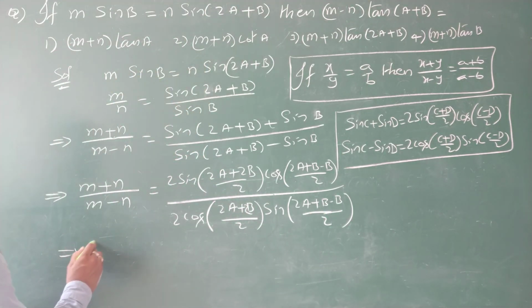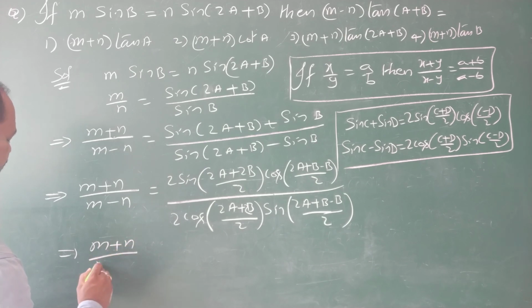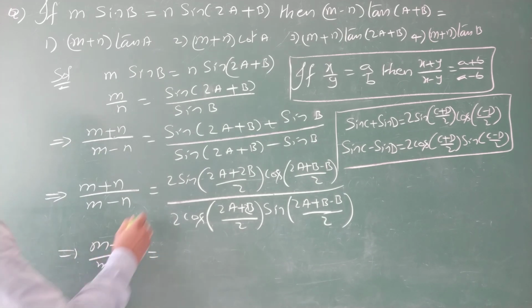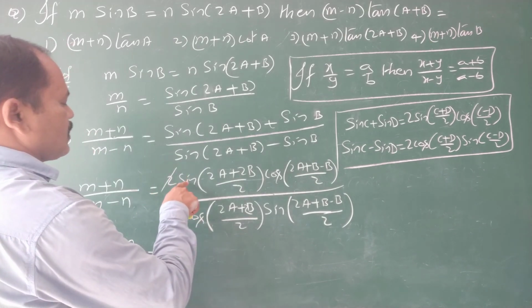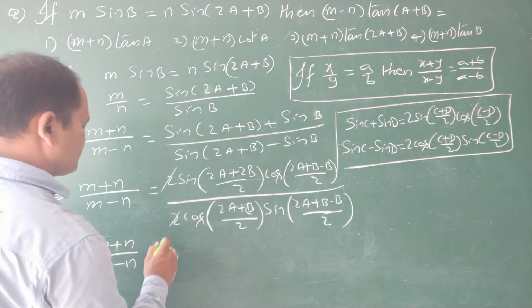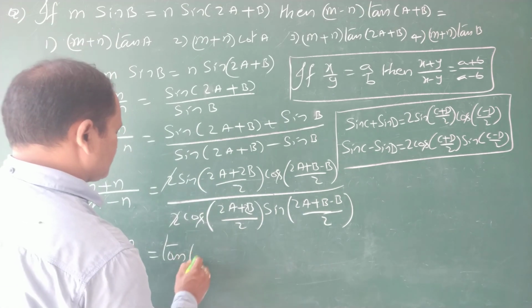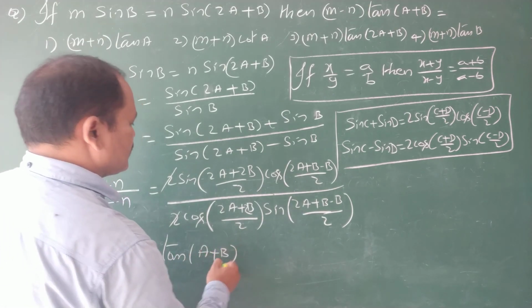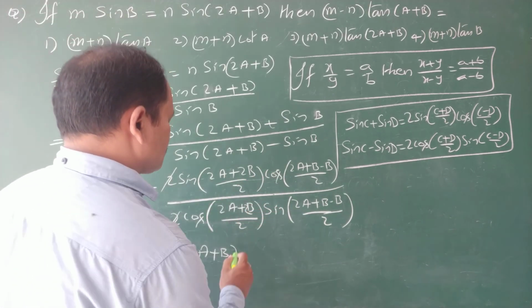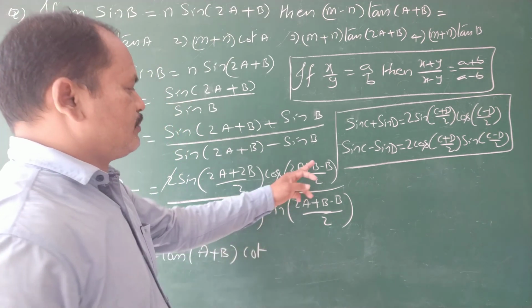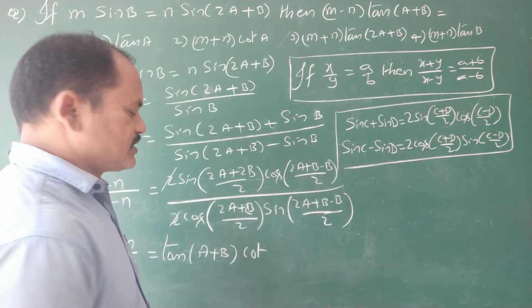So m plus n by m minus n is equal to, here 2 gets cancelled, sin by cos is tan, here (2a plus 2b) by 2 is nothing but a plus b, and here cos by sin is cot. That's why the b's get cancelled, 2a by 2 is a.